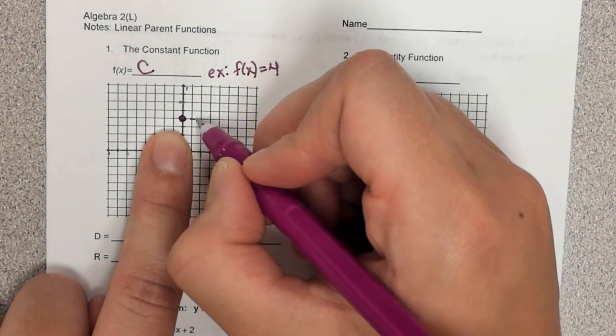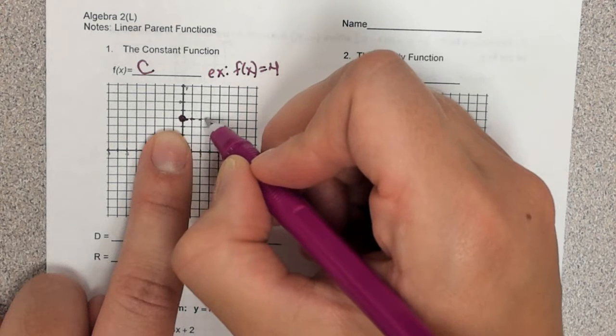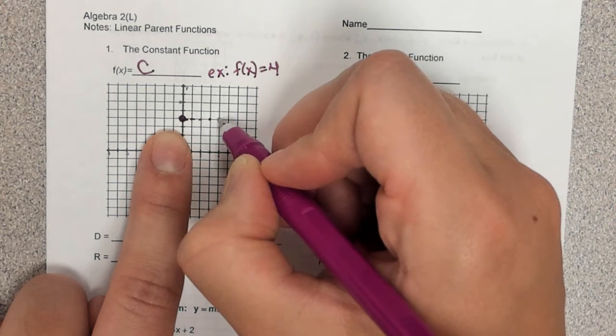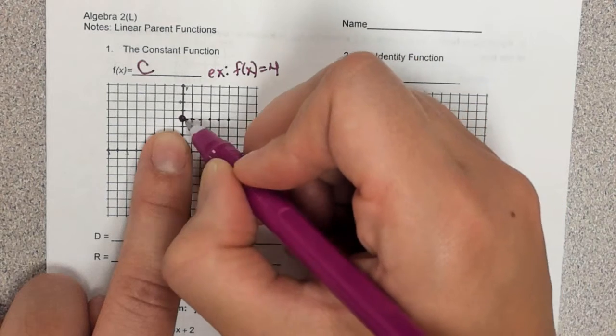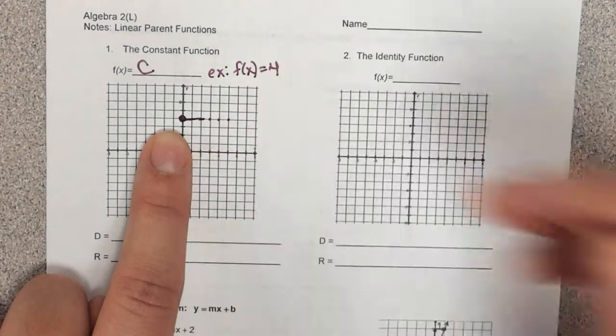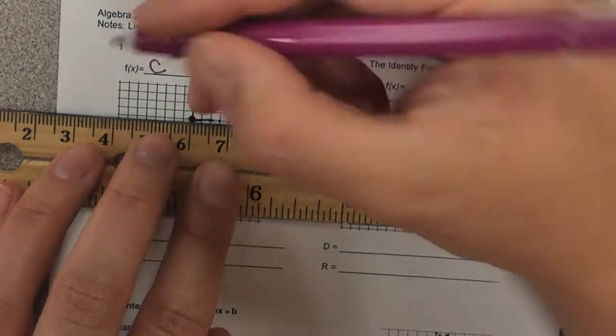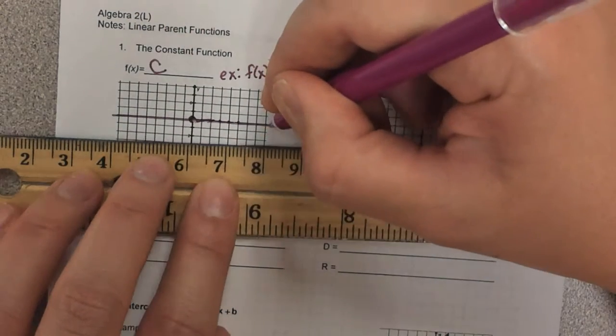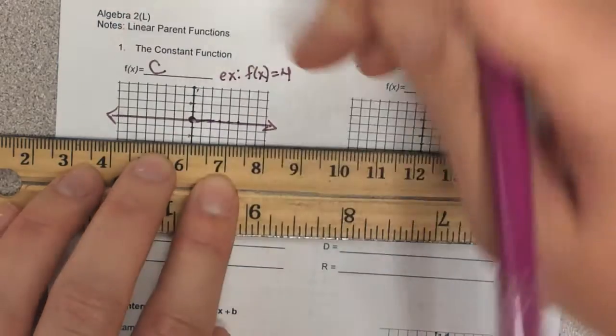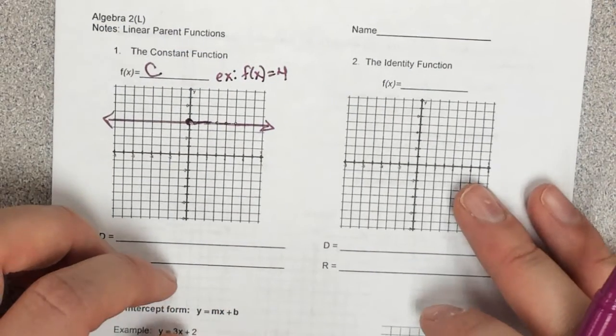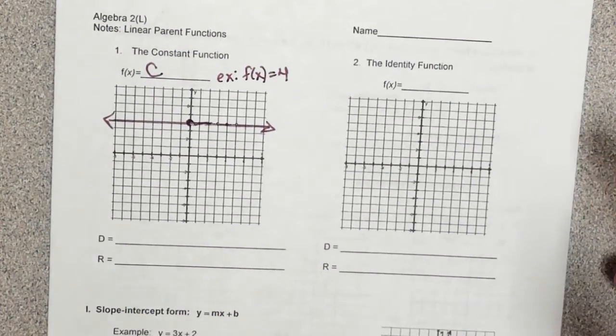When x is 2, y is 4. And you kind of see what's going to happen here? When x is 3, y is 4. What kind of line am I generating? Just this horizontal line, right? It's constant. It never changes. It's just this flat, constant line. So that's what it looks like. It's a horizontal line, basically.